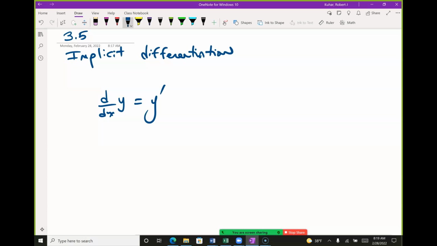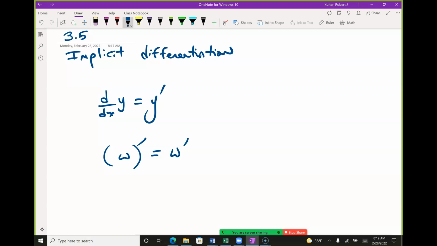So in the same respect, if I take the derivative of w, where w is a function, what do I get? W prime. So I'm saying now, if I'm taking a derivative of a function that's unknown, I already know it's got to be prime.